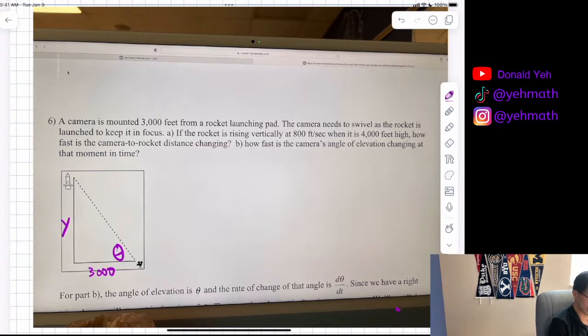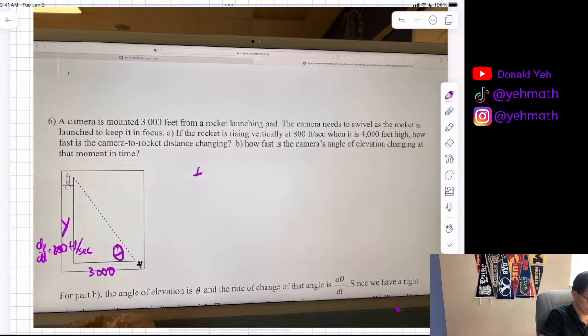But we do have a dy dt. What is dy dt here? dy dt is equal to 800 feet per second. So write it down. Now we got all the information we need. What is the trig ratio I should use here?